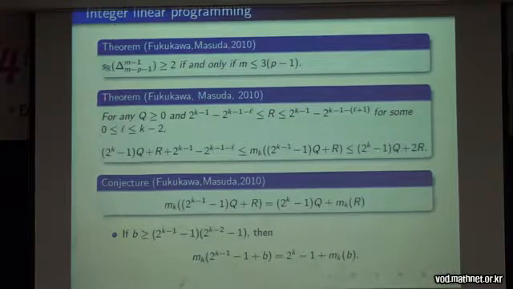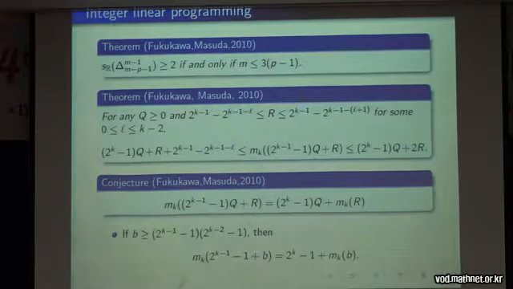First, the k equals 2 case. If k is 2, then the real Buchstaber number of this is greater than or equal to 2 if and only if m is less than or equal to 3 times p minus 1. They found some lower and upper bounds of mk of p, and they conjectured that mk of this number is 2 to the k minus 1 times q plus mk of r.